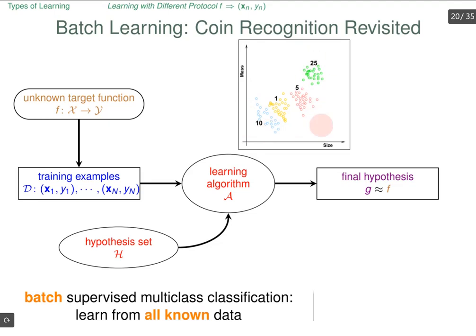Batch learning just takes all the thousands of examples of the coin and learns from them. Learning means the learning algorithm selects a hypothesis g. So we use all those 1,000 examples of the coins. We can call this batch supervised multi-class classification. So we learn at once from all known data.